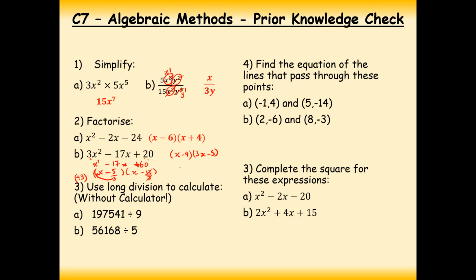Right, so that's the simple factorized version of this question here. So first step, we multiply the 3 by 20, and then we divide by 3, so everything works out.